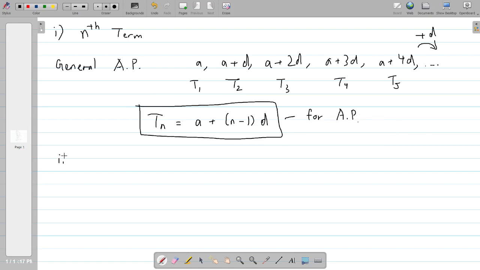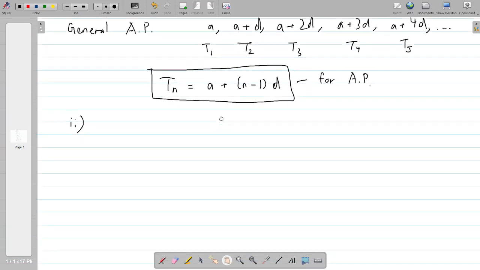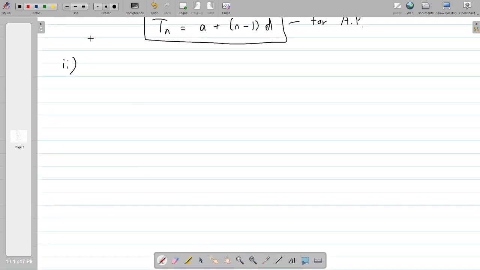Okay. Now the second thing that we talk about in an arithmetic progression is the sum. More specifically, we call it the sum of the first n terms. There are more difficult ones that I may make a video on, but for now, this video will focus on the basics of progressions, not the complicated stuff. So we're going to talk about what the sum of the first n terms means.